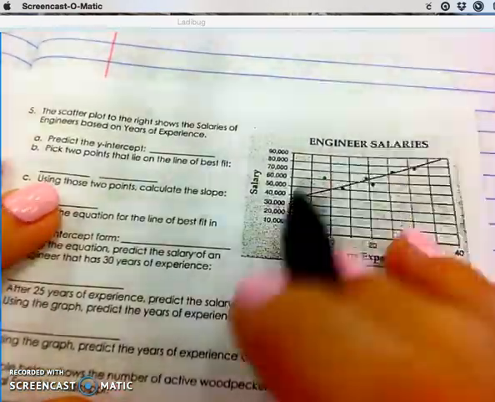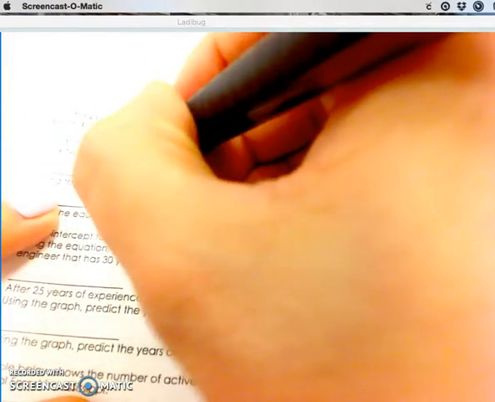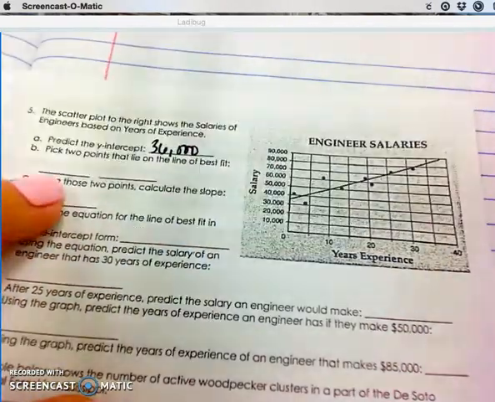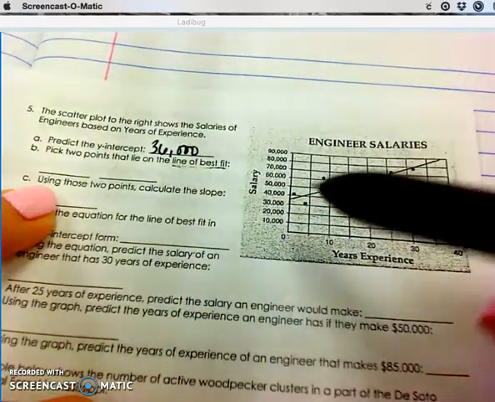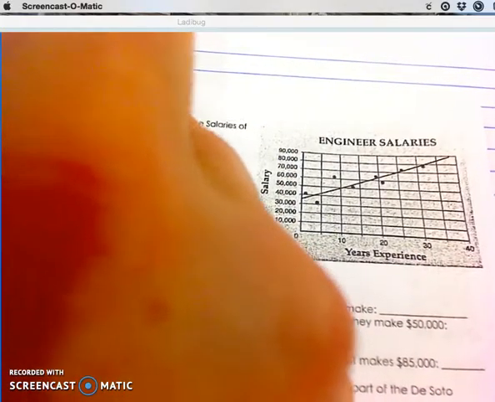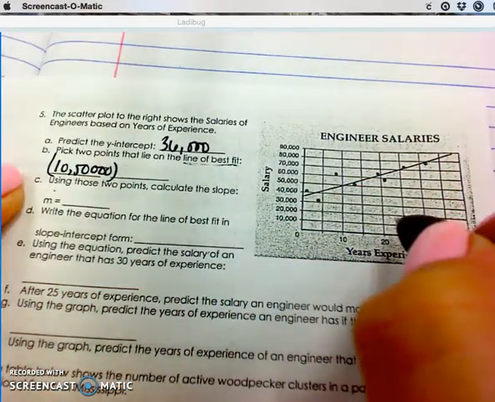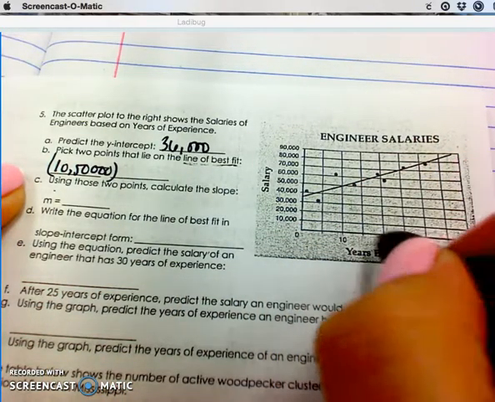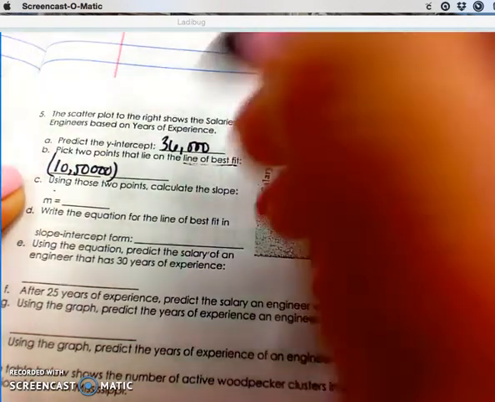Okay, and then look over here, predicting the intercept. It's about a little over halfway through, so maybe 36,000. Pick 2 points that fit on the line. So I'd say 10, 50,000, and 25, 70,000.